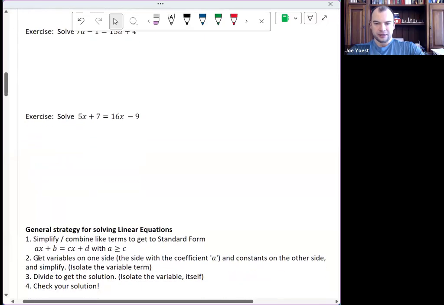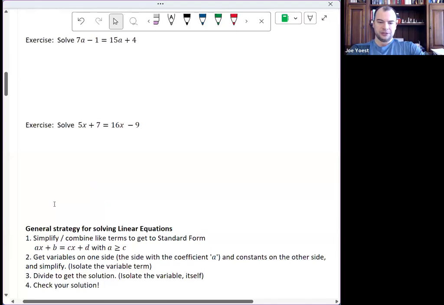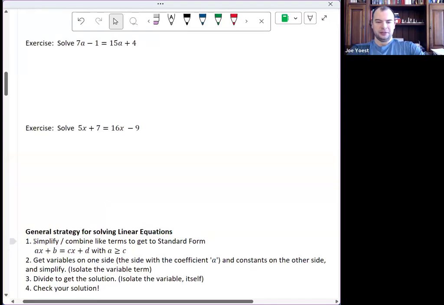Okay, so I think I will put this general strategy up here along with these two exercises. So the general strategy is we simplify and combine like terms and so on if we need to. We won't need to in either of these two exercises, but in future ones we may need to.